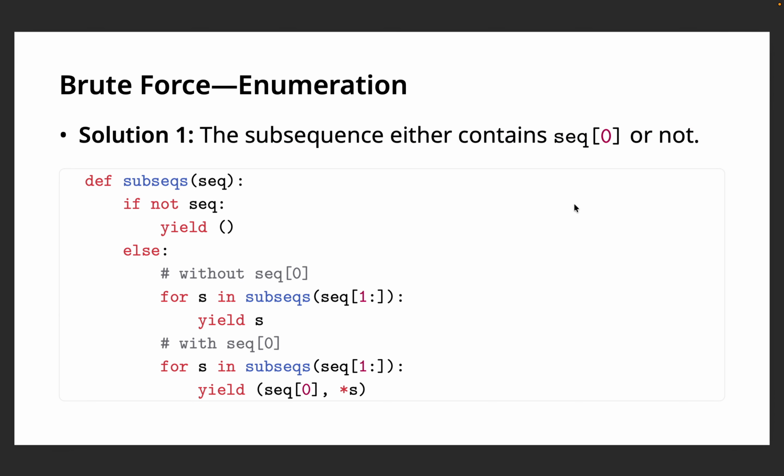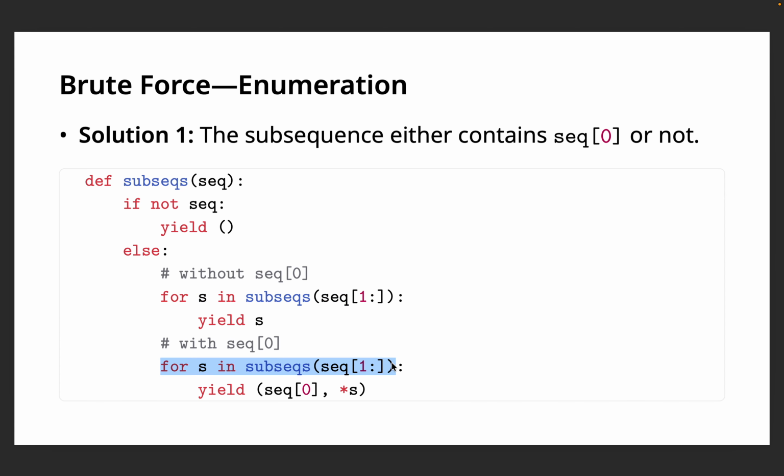And because of that, we can actually write the subsequences function like this. Remember from the first arc, if we want to do recursion on a sequence, we split it between the first element and the rest of the elements here. So here, this is all of the subsequences from the rest of the sequence that do not contain the first element.